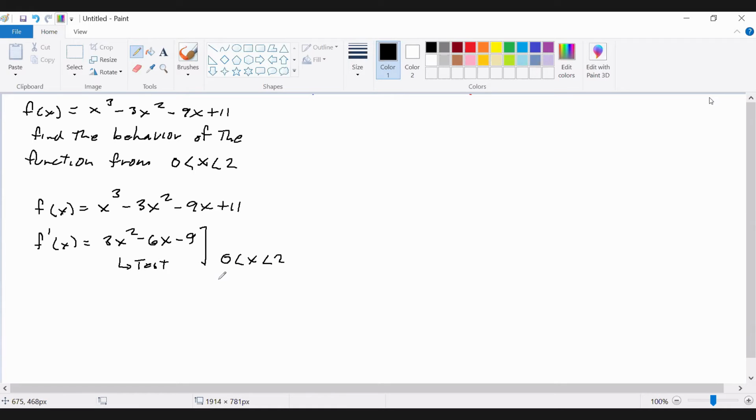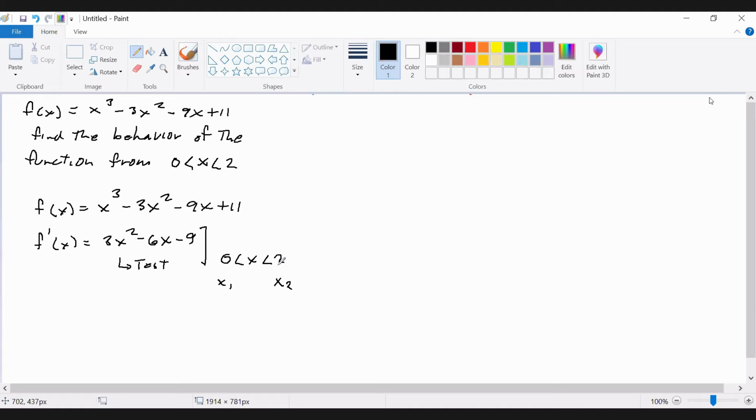So you can use x1 here, and then compare it when the value is x2, positive 2. If the change gives us a negative or decreasing value, then it is decreasing.